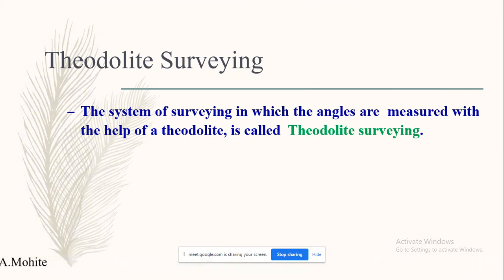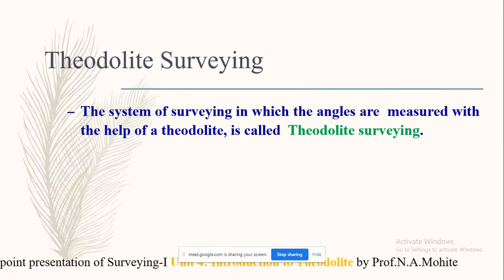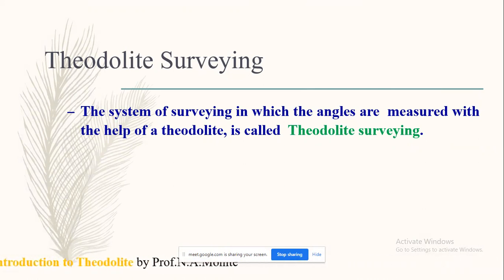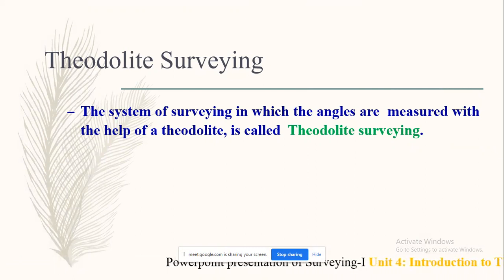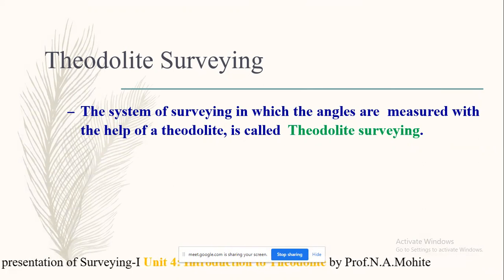In that case we were not able to measure the angles. In order to measure the distance we make use of the chain or tape, and for measuring the bearings of the lines we were making use of the compass, that is prismatic compass or surveyor compass.